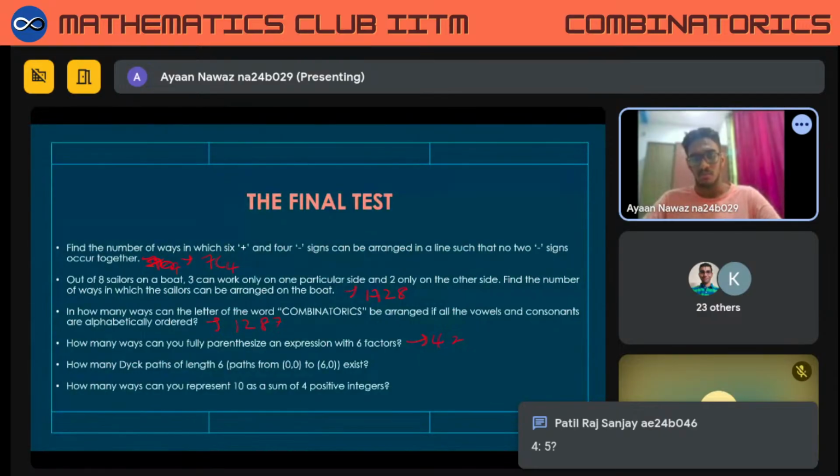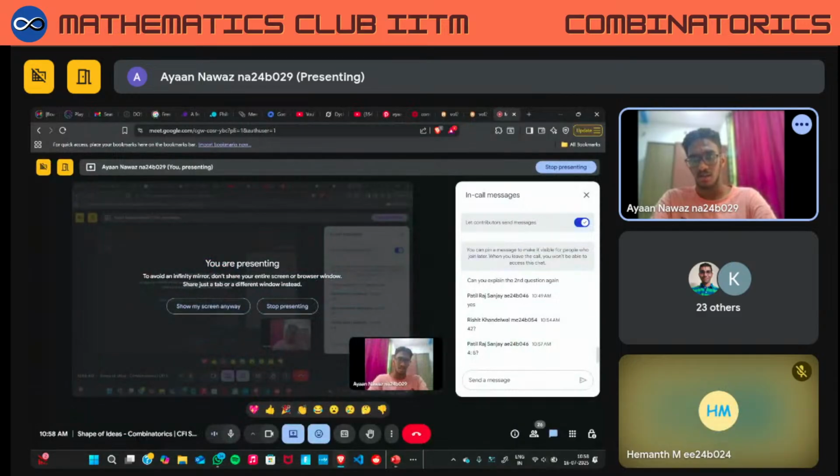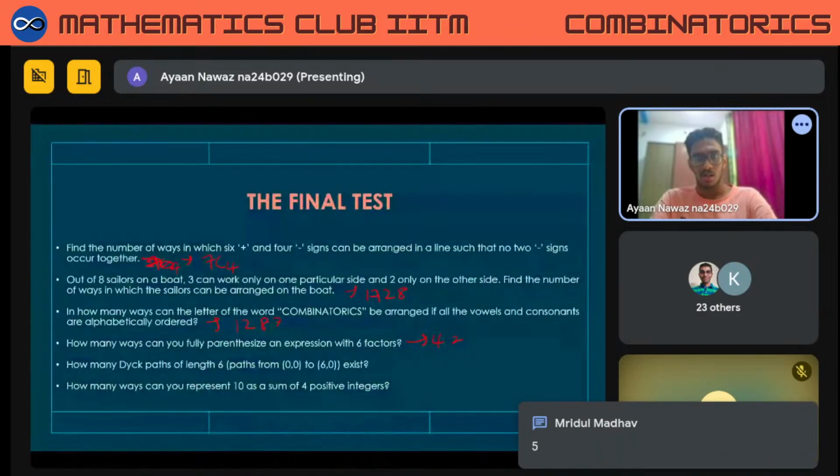I'll give you 2 minutes for this. It's very basic, so you can just answer in the chat. Dyck paths of length 6. Yes, 5, 5. Correct, correct.